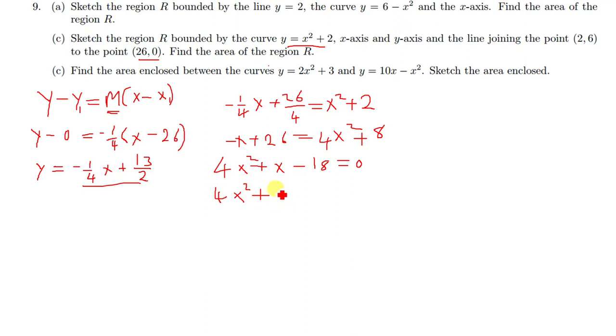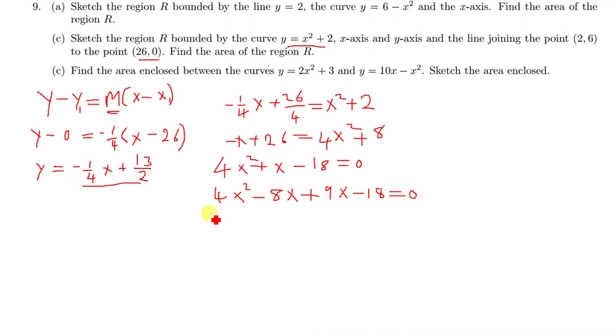When we multiply 9 times 8, we get 72, and when we add -8 plus 9, you get +1. So we have 4x squared minus 8x plus 9x minus 18 equal to 0.